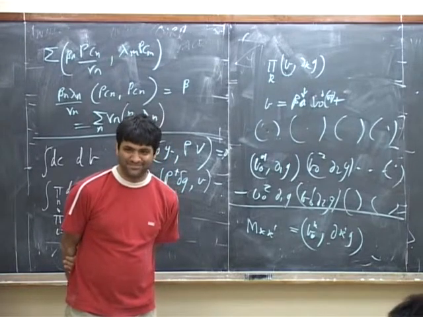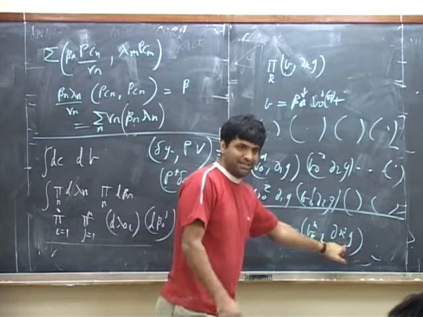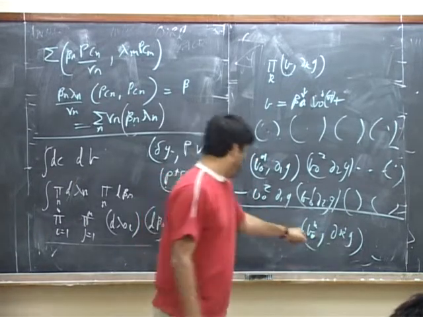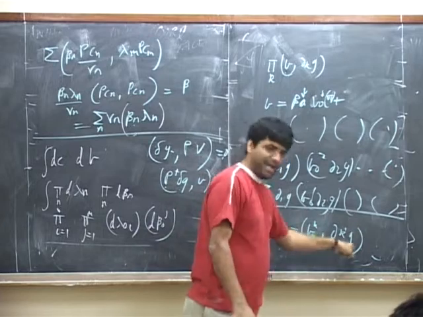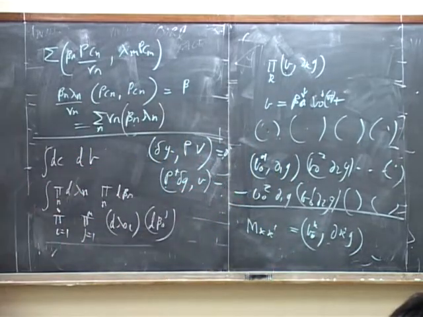Is this clear? Right, this is a set of numbers. These are the zero modes. You take the inner product of this thing. There are n of these. It's an n cross n matrix. Take its determinant, and that's the answer. Fine.